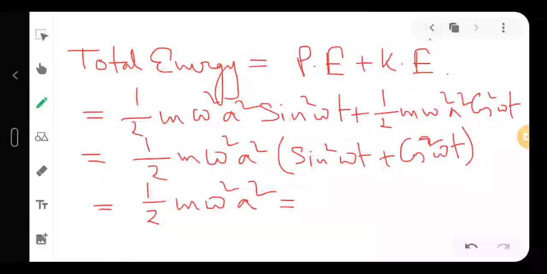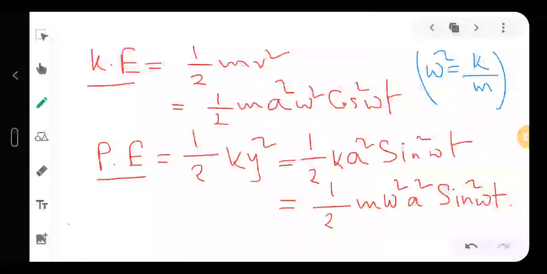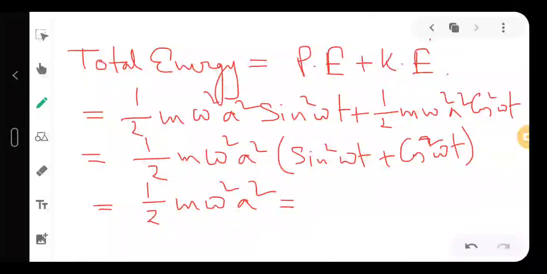Now again we can use this formula to bring the whole thing. So for any system, if something is oscillating, going back and forth, and if I know the mass, if I know the omega, or instead of omega I can use the time period also, and if I know the amplitude, that means how far it is going and then coming back, then I can easily find out the energy itself.